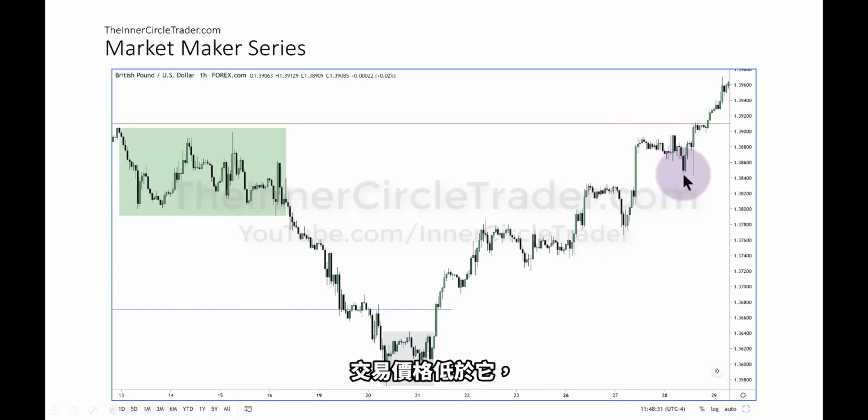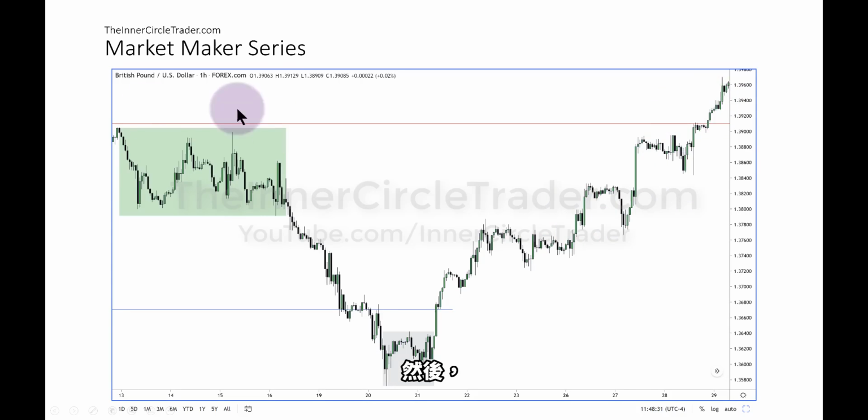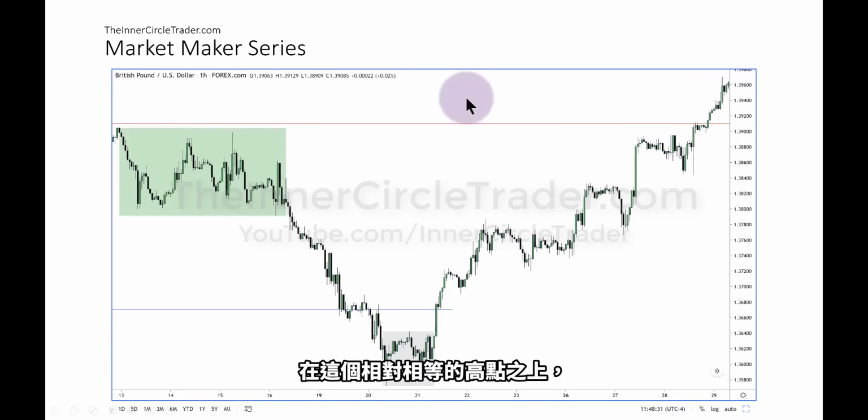Short-term low here, trades down below it, and then on FOMC right there, it wipes it out one more time and then rallies. Then it takes out this level here, which will be critical later in other videos in this series. And ultimately takes out all the buy stops above this relative equal high and or original consolidation. So this is a market maker buy model.